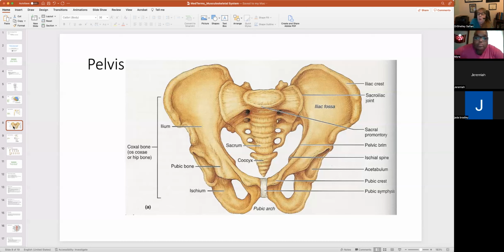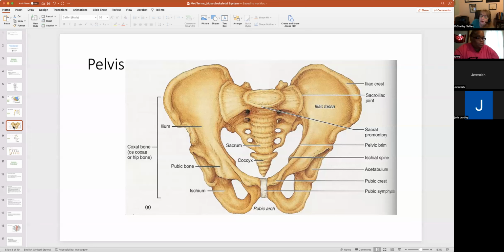The sacrum on this baby, when this baby was born, the sacrum was 5 different bones. But this adult, it has now fused into one bone. And you can see the coccyx, your tailbone. If you've ever fallen off your bicycle or down the stairs accidentally, you know where your coccyx is.